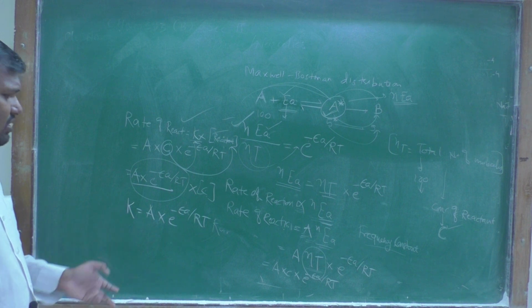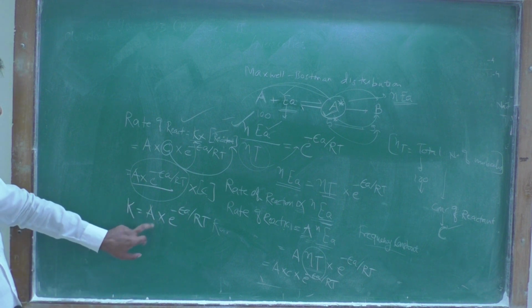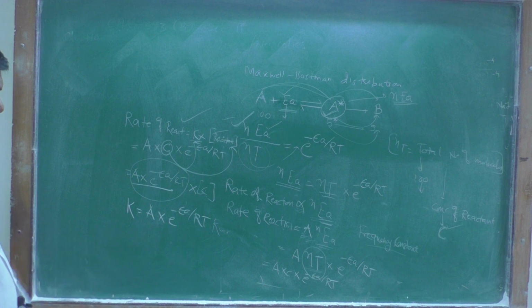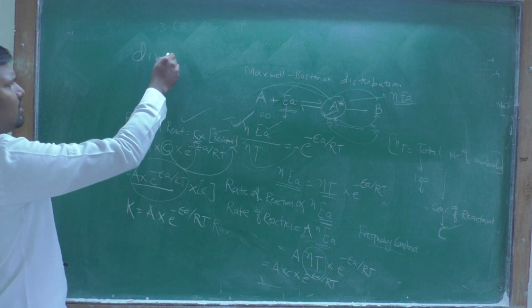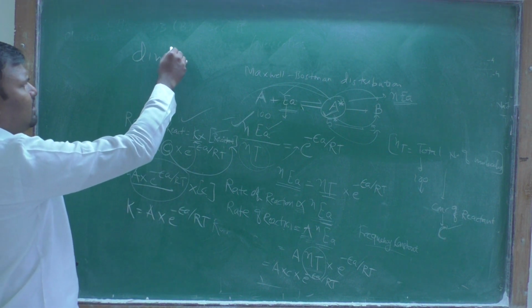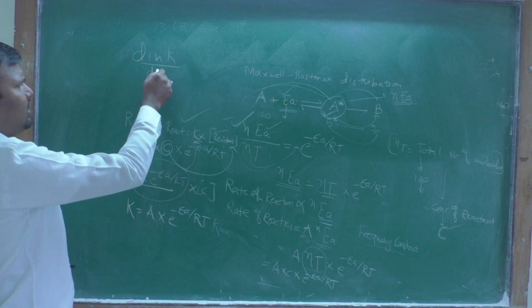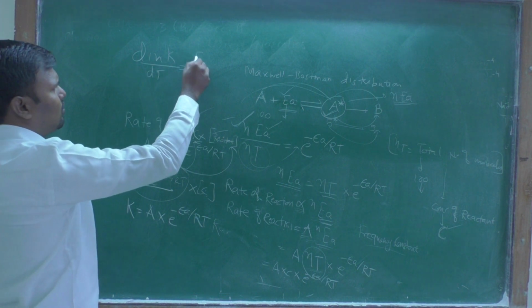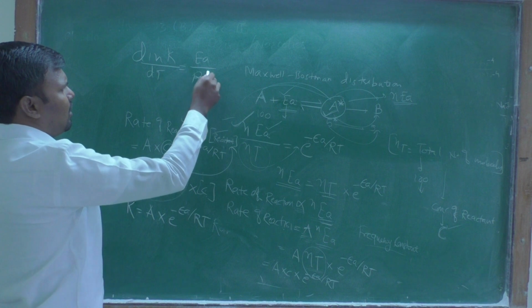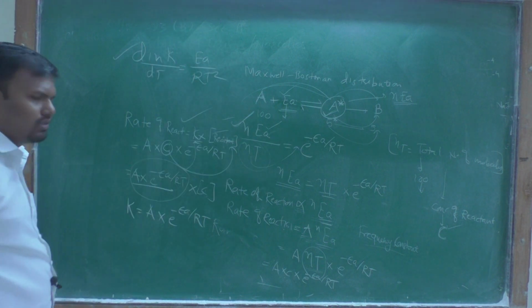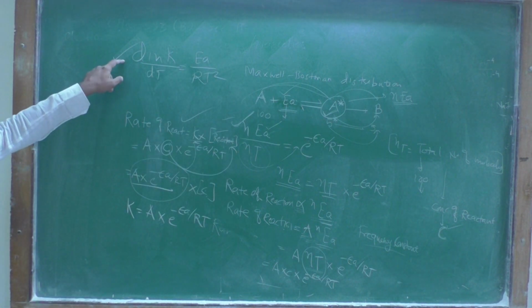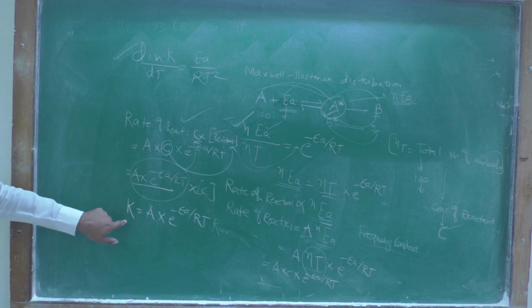This equation you will obtain by integrating d ln K upon dT is equal to Ea upon RT square. When you integrate this you obtain this, and when you differentiate this you obtain this.